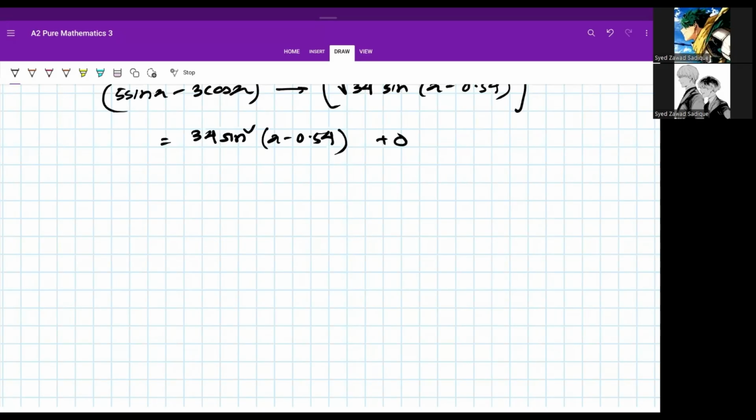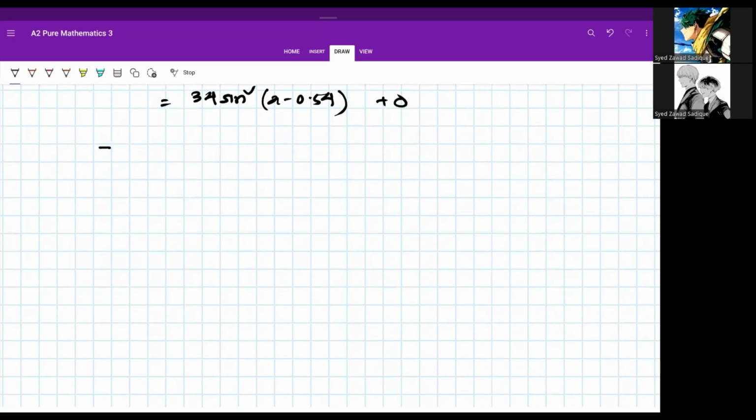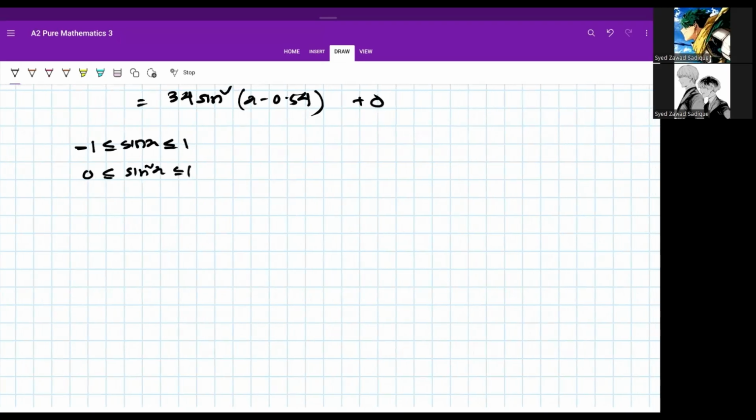Now we know that the range of sin x is −1 to 1. The range of sin² x is 0 to 1. Therefore, this can be max 1, min 0.